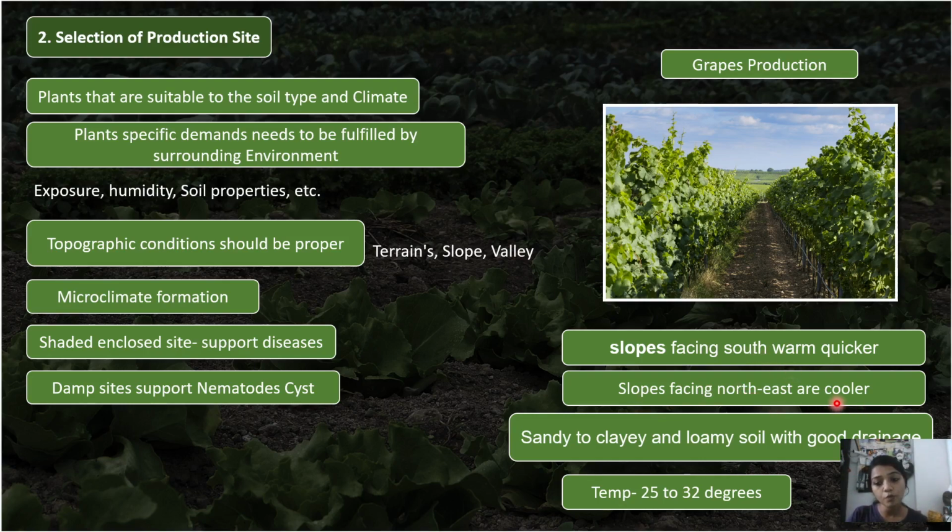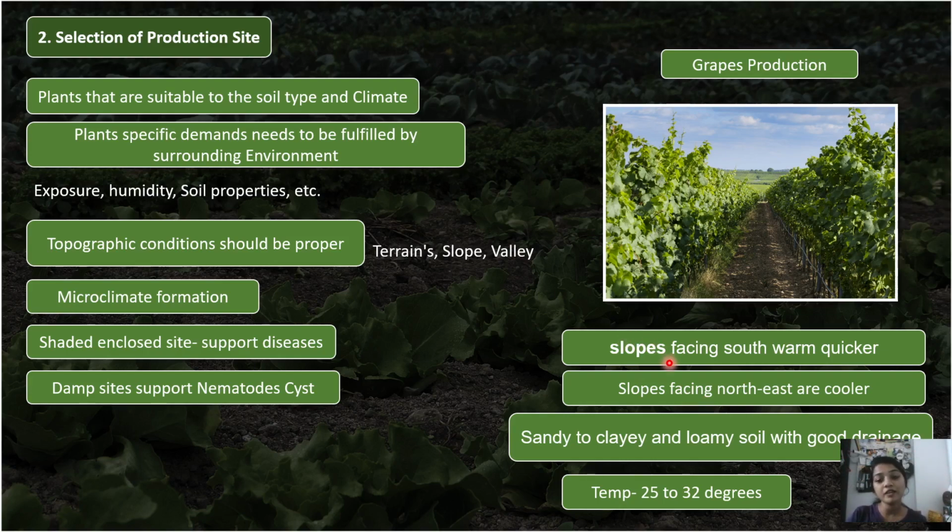So the slope there is cooler because it receives comparatively less sunlight than the southern part. So if you have an area with wetter soil, you can make your slope towards the south so that it gets warm, it gets dried easily, and this makes the soil drainage good, right? So it depends what kind of slope you use depending upon the area, but usually grape production is done in sloping areas.